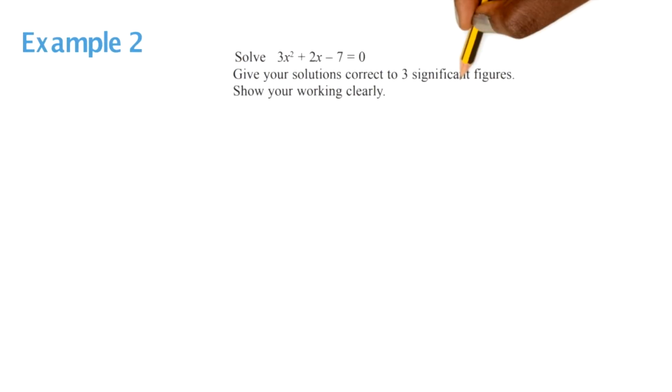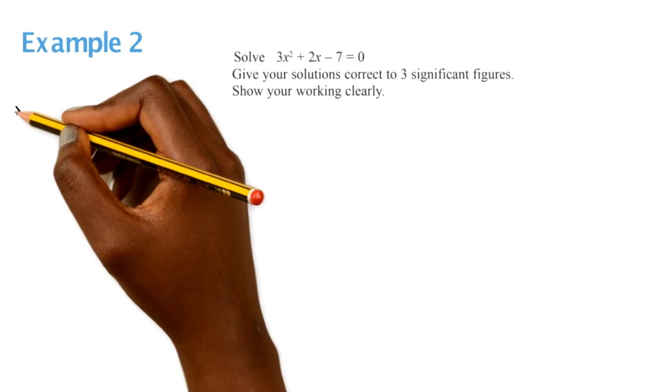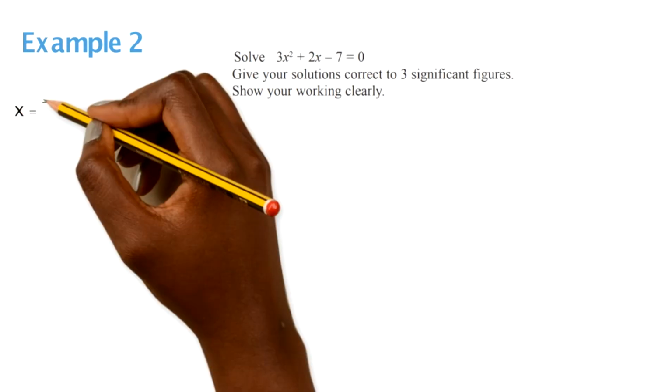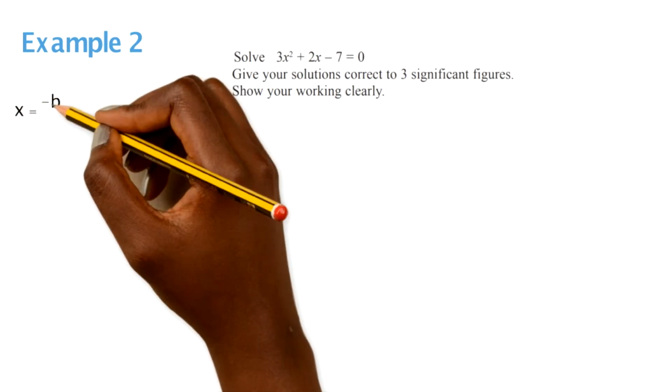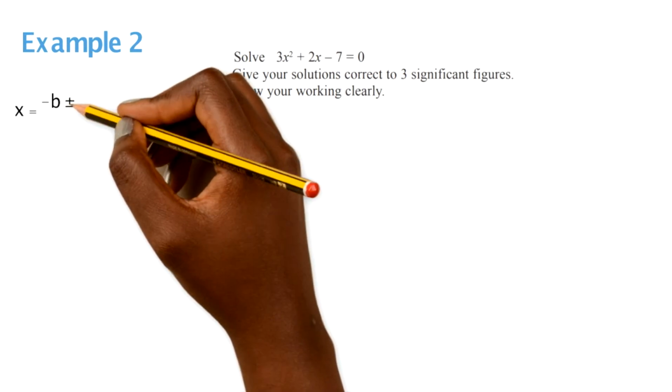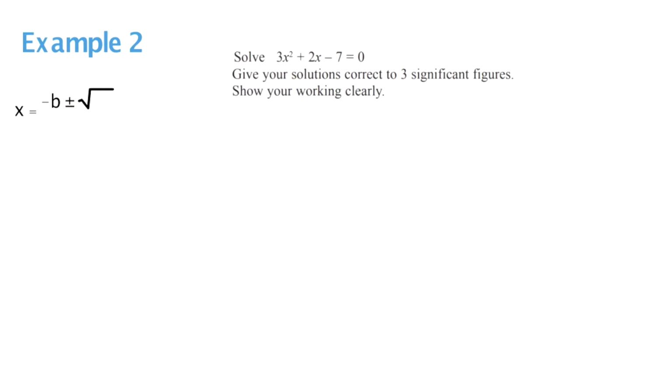Example 2. Again, another quadratic equation that's equal to 0, and it wants our solutions to three significant figures. So we're going to use the quadratic formula. Just rewriting out the formula to refresh your memory.